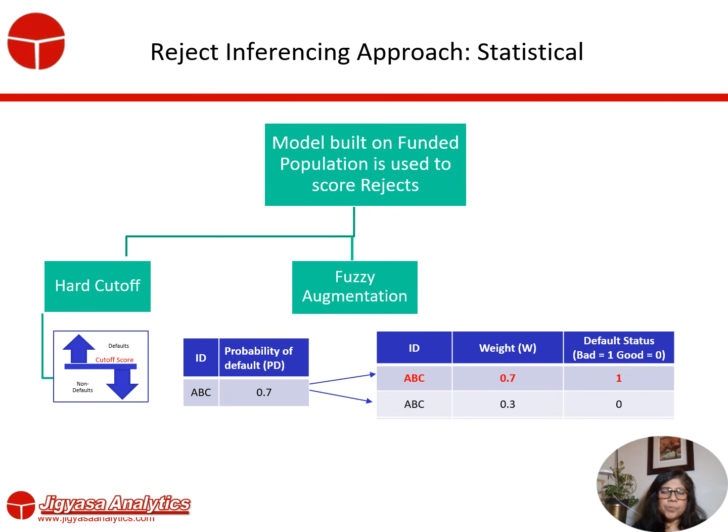The other observation is given a good status and a weight equal to the predicted probability of being good. The new duplicated and weighted observations for the rejected applicants are combined with the data on the accepted applicants to create a new augmented dataset. A new final model is then trained on this augmented dataset.